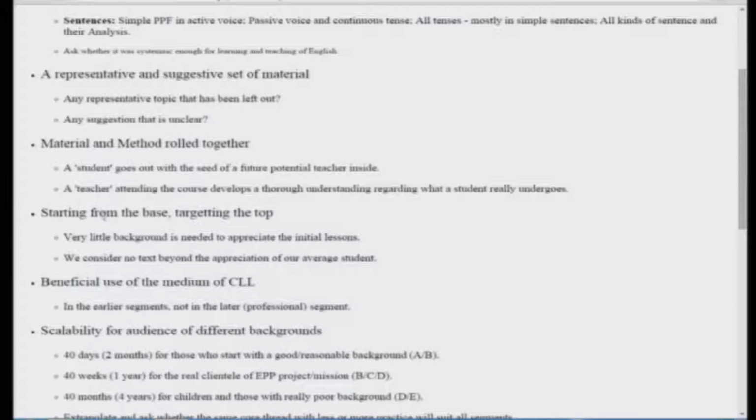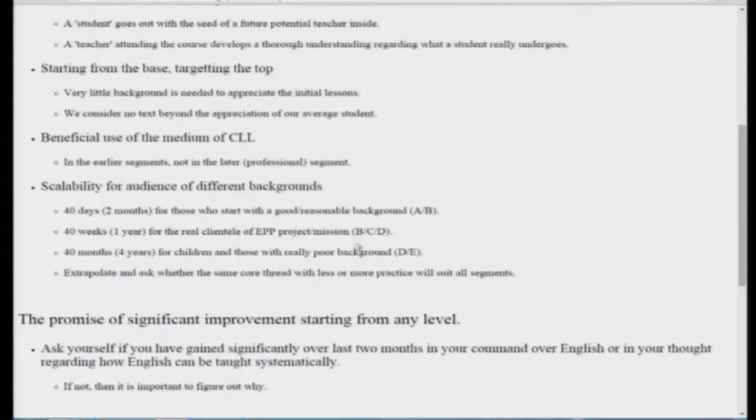We promised that we will start from the base and we will target the top. And you will appreciate that very little background is needed to appreciate the initial lessons of the course. Okay? This is at one extreme. At the other extreme, we consider no text beyond the appreciation of our average student.